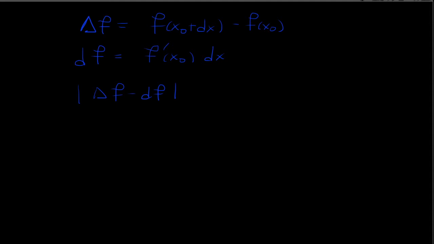So let's look at the first example. I'm given f of x equals x squared plus 2x, where x naught is equal to 1, dx is equal to 0.1. The derivative of f will be 2x plus 2.